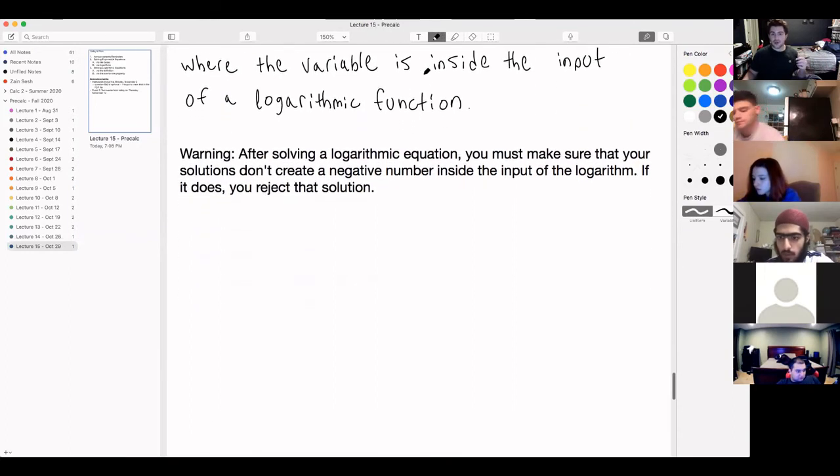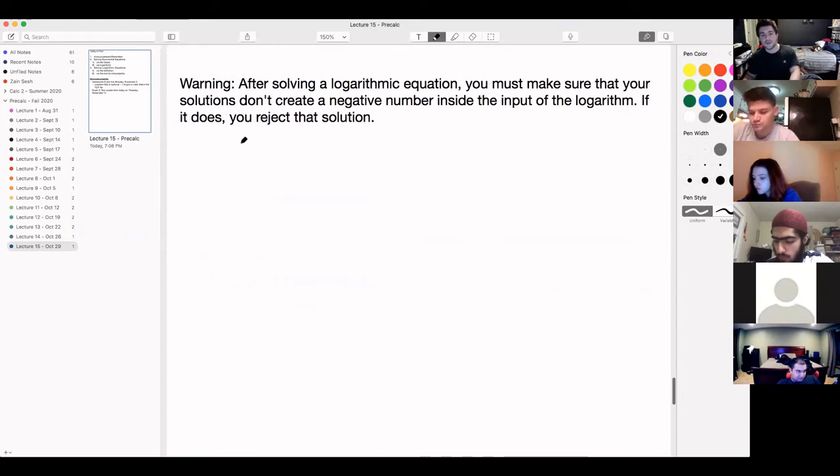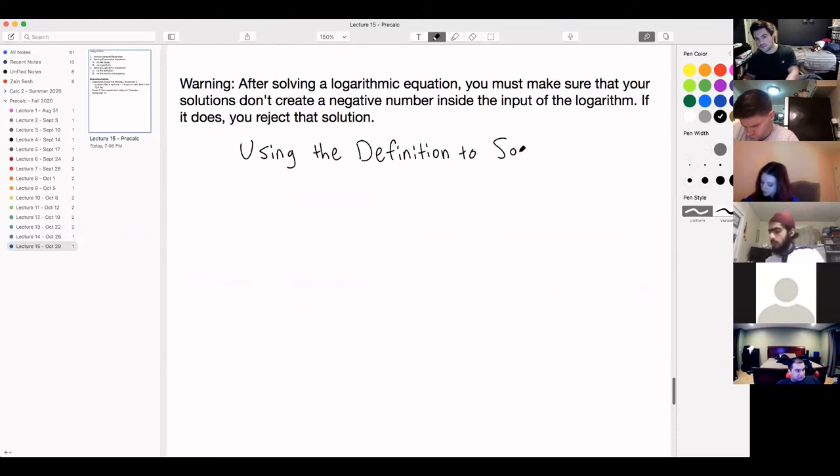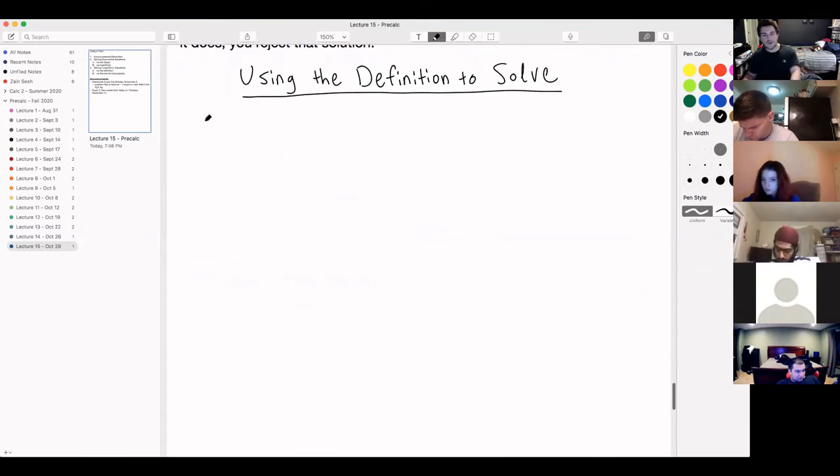Okay, so here we go. The first thing will be using the definition to solve. Let me just recall the definition of the logarithm.